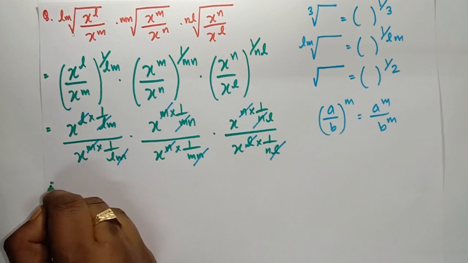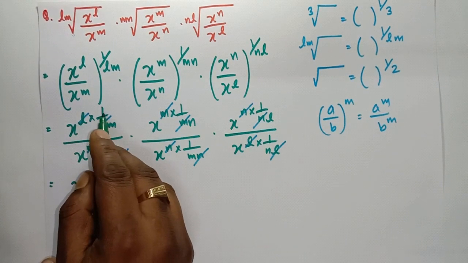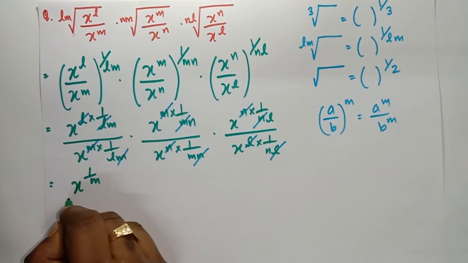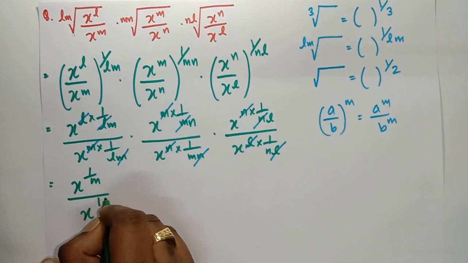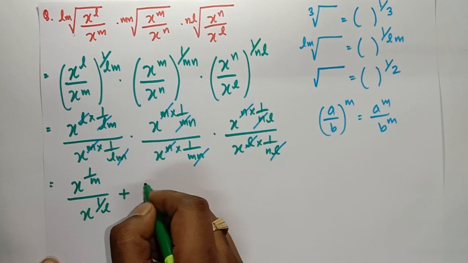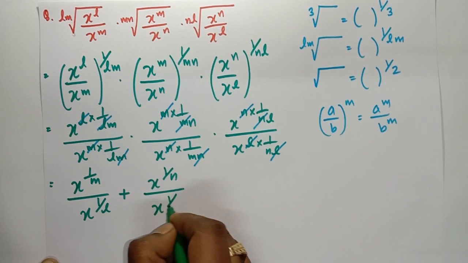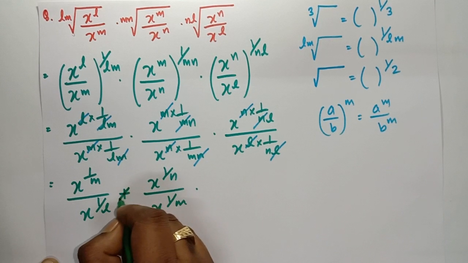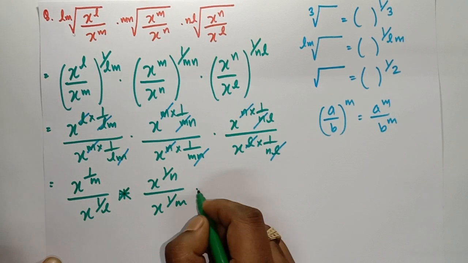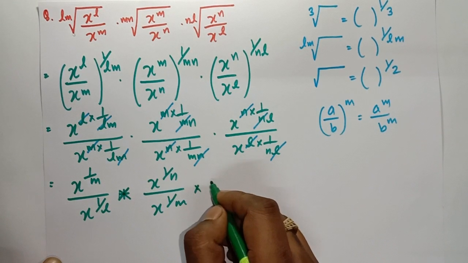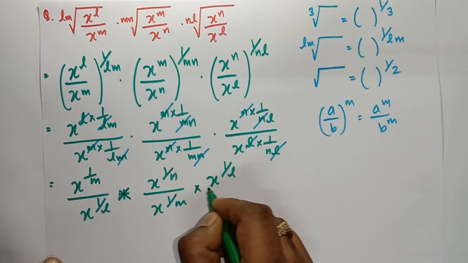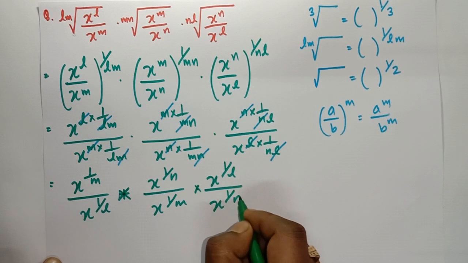So what can I write now, x to the power 1 by m. This side x to the power 1 by l plus this side x to the power 1 by n, this side x to the power 1 by m, sorry, it's into, dot means into only, x to the power 1 by l, x to the power 1 by n.